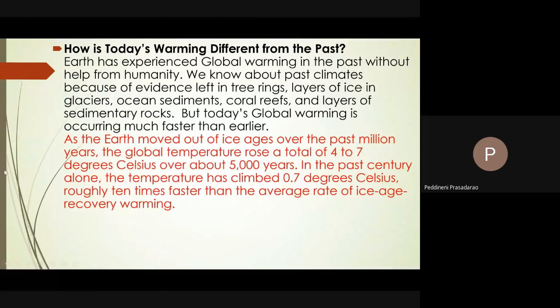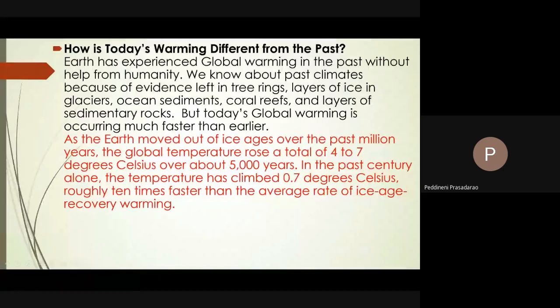As the Earth moved out of ice ages over the past million years, the global temperature rose a total of 4 to 7 degrees Celsius over about 5,000 years. In the past century alone, the temperature has climbed 0.7 degrees Celsius, roughly 10 times faster than the average rate of ice age recovery warming.